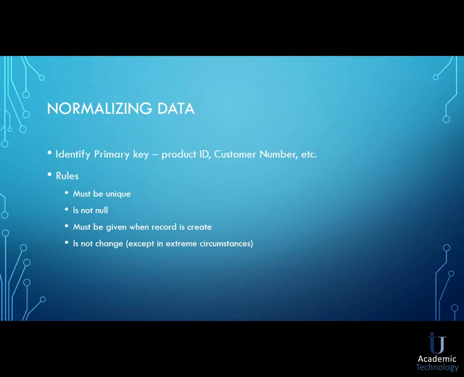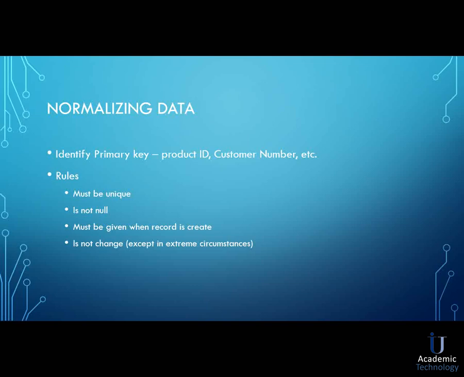So, primary key is something that we've talked about in the past. We've talked about foreign keys, we've talked about primary keys, but I just want to go a little bit more into depth with normalization. So we've talked about what a primary key is, how it cannot be null. It has to be unique, so there can only be one.